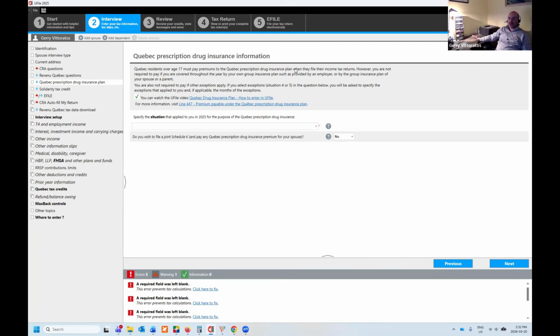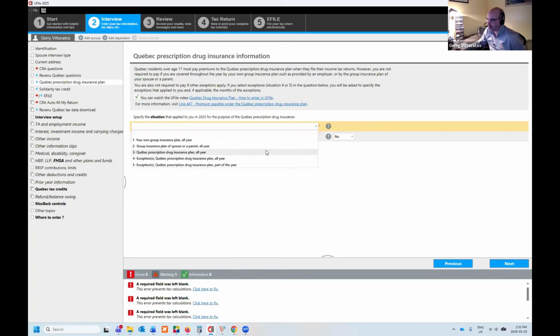So at that point, you have to now indicate to the software what your situation is as far as the Quebec drug insurance, meaning your prescription drugs. When you go to the pharmacy, chances are you're being reimbursed a portion of the cost of those prescription drugs. Is it a private insurance with your employer that's reimbursing those fees?